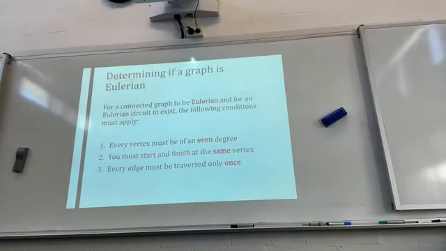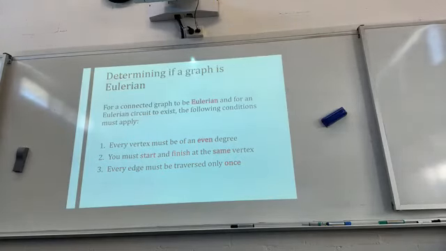Generally, when I do a check, the first thing that I will do is see whether there's any odd vertex. If there's an odd vertex, I know that it's not going to be Eulerian, for sure, because you cannot start and finish at the same vertex. Can I move on?